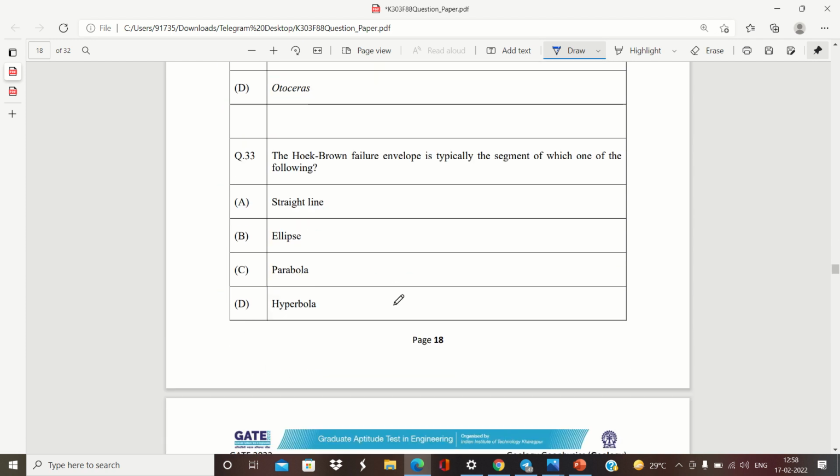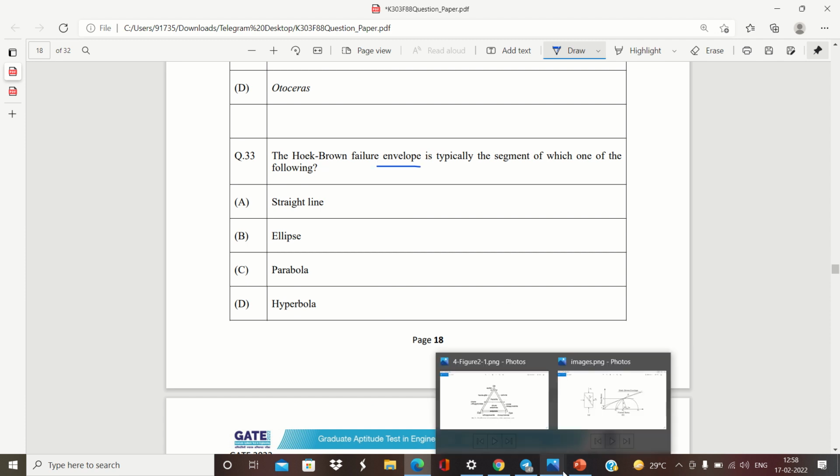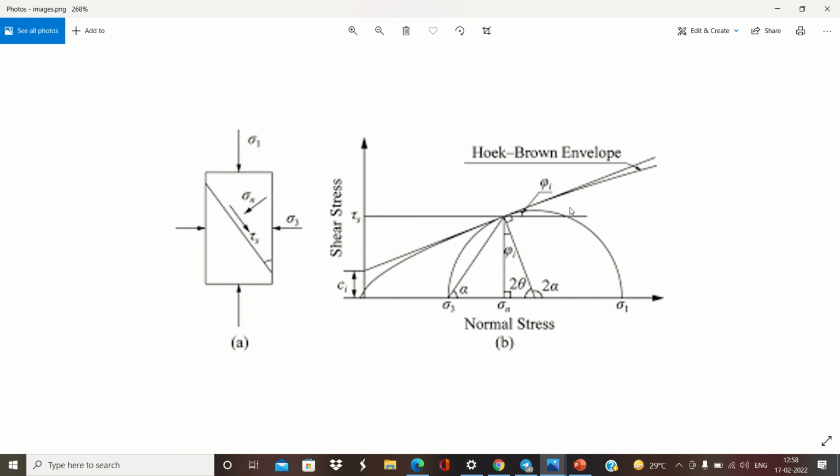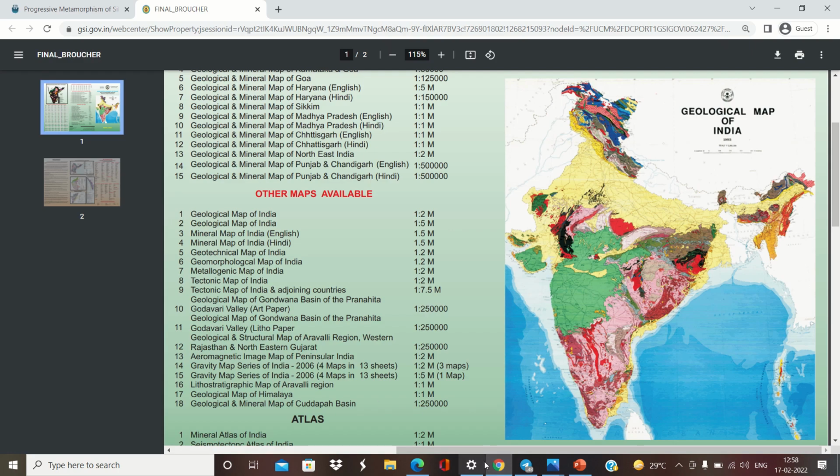Then another question is, the quick brown failure envelope is typically the segment of which one of the following? If we look at this envelope, I have downloaded a picture for this. This is the envelope. It goes something like this. This is showing a parabola, a segment of a parabola.